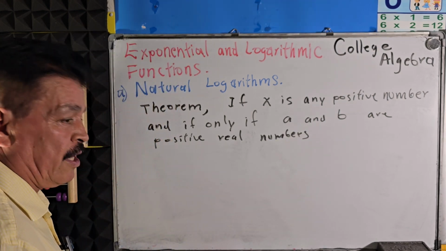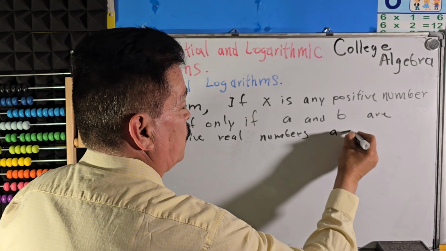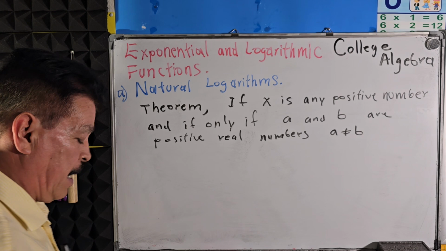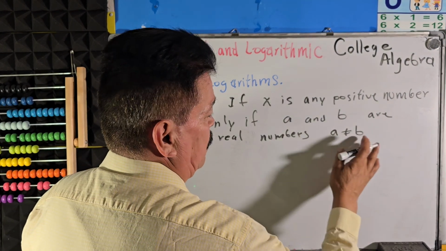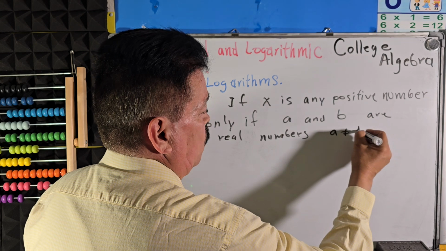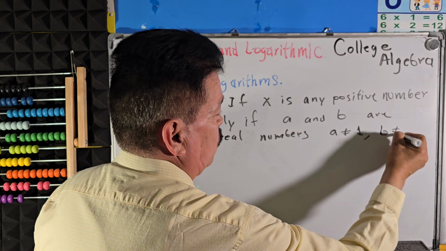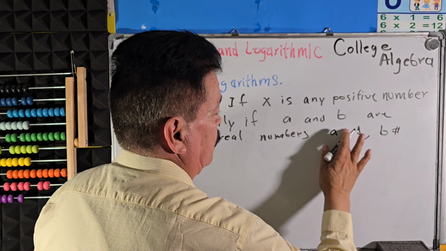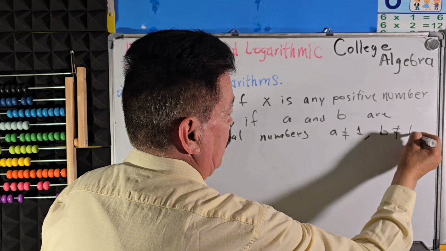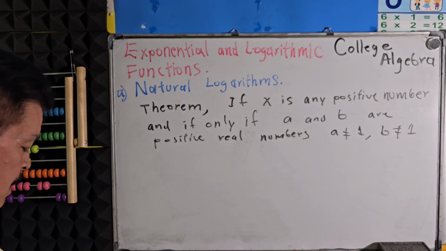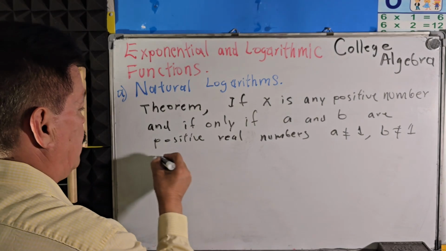Also, another clue: a must be different from b. I mean, let a be different from 1 and b different from 1. Okay?